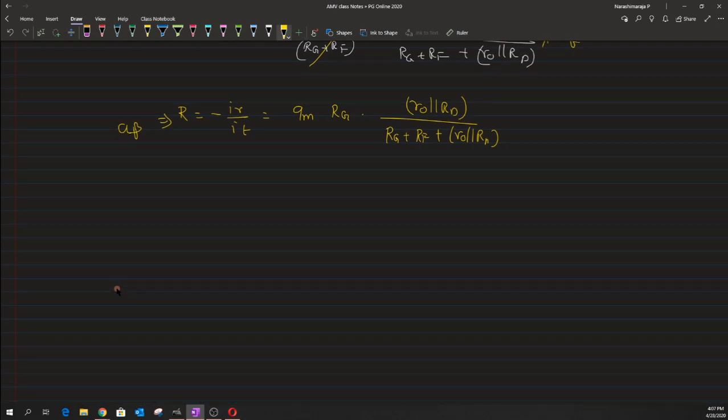I just want to read out some summaries here. The return ratio analysis is basically an alternate analysis for feedback circuit analysis, and it does not use the two port analysis method.